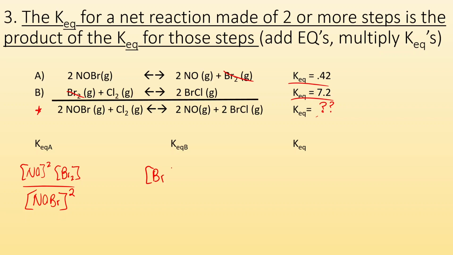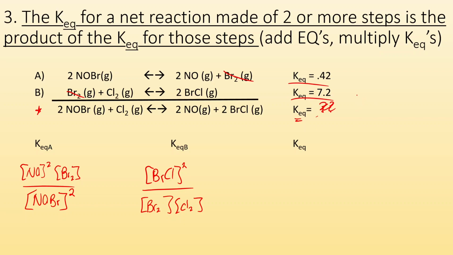And then when I take a look at the B equilibrium, it's the same kind of process. Concentration of BrCl squared divided by concentration of Br2 times concentration of Cl2. And now, before I mess with things, let's write out what would the equilibrium constant expression be for the product, the resulting reaction.